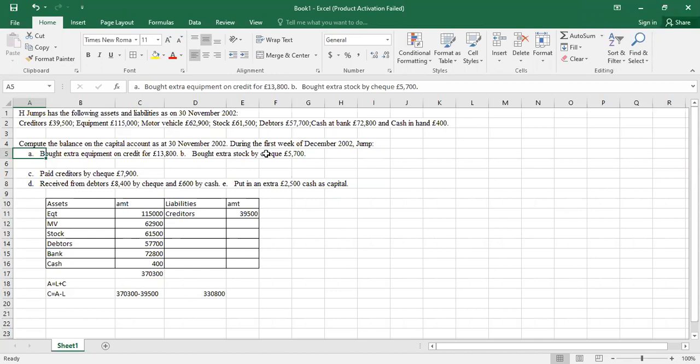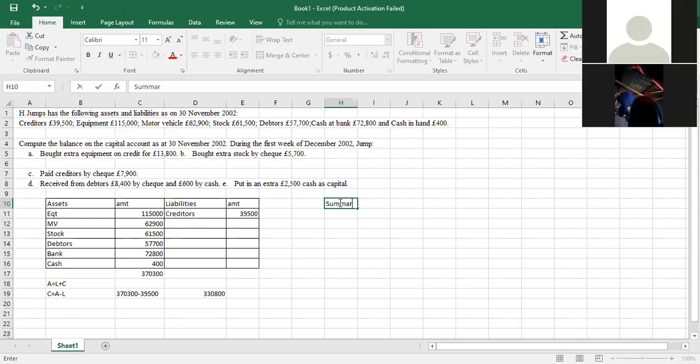Can we have the formula? Can we have the summary here? Because guys are losing it. We said when assets increase, when they increase, debit.